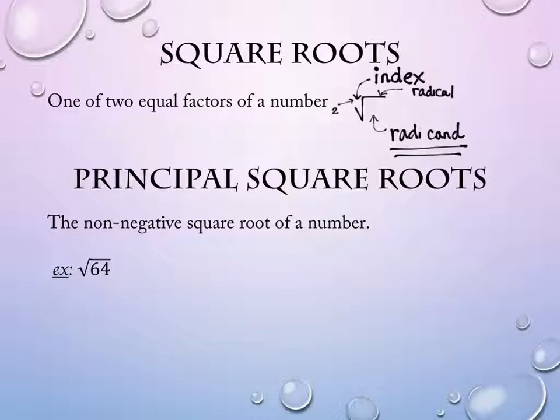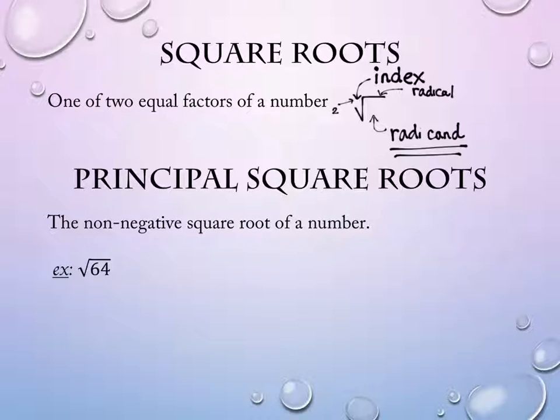Okay, so very good. When we talk about square roots, we're usually, at least at this stage in the game, talking about what we call principal square roots. So principal square roots are the non-negative square roots of a number. So for example, there are two different pairs of numbers that when you multiply them together, the same number twice, you get 64.